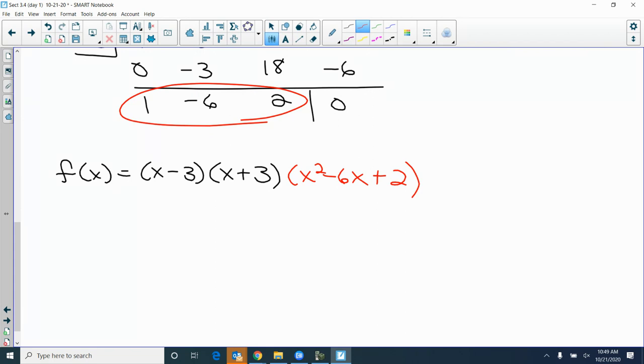Okay. The b squared should be 36. B squared minus 4. Okay, that 3 goes with that. The negative 2, okay, plus.